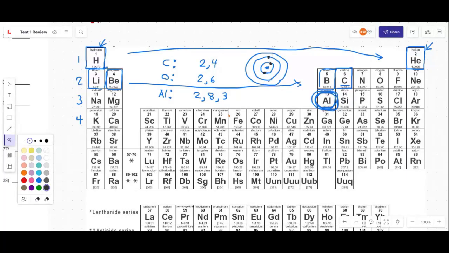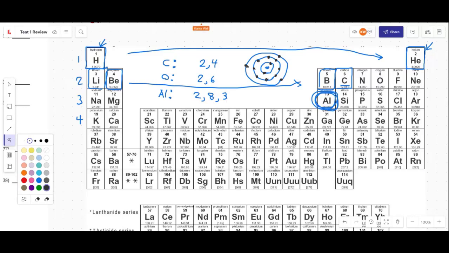In the second energy level, I have 8 electrons: 1, 2, 3, 4, 5, 6, 7, 8. And in the third energy level, I have 3 electrons: 1, 2, 3. Energy levels refer to how far you are from the nucleus. So electron arrangement just shows you how many electrons are in each energy level.